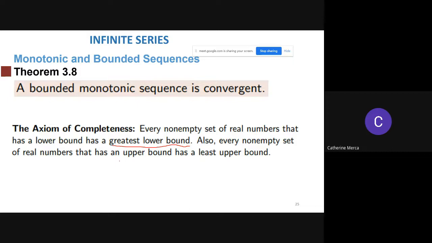Also, every non-empty set of real numbers that has an upper bound must have a least upper bound. Again, unsa ning least upper bound? Ang supremum. Ang greatest lower bound mao ang infimum. Okay? Nasabtan ang axiom of completeness?